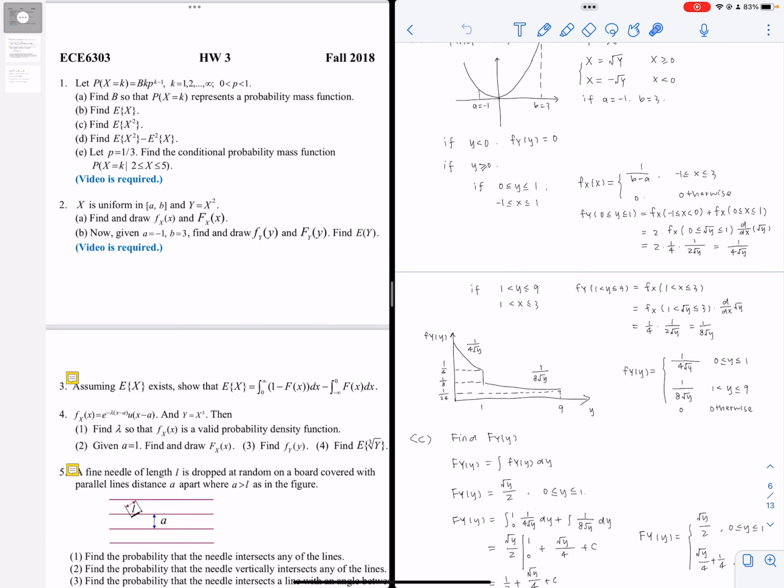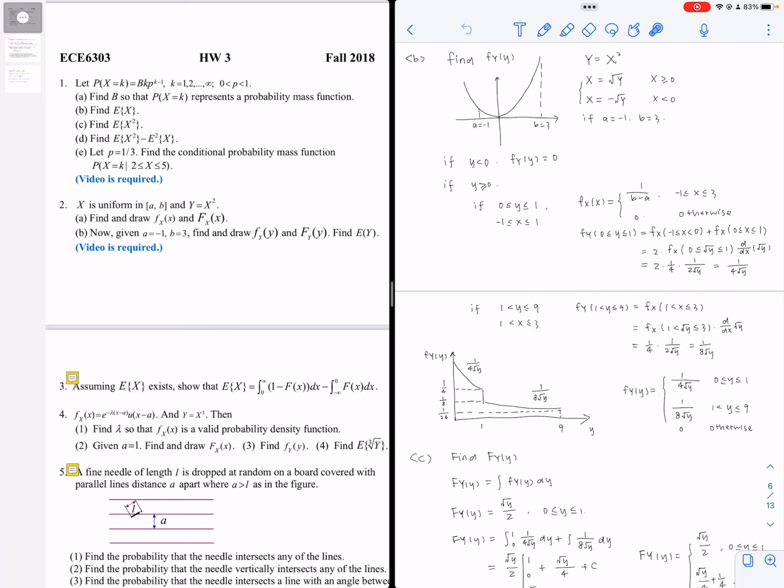And if y is between 1 and 9, then there's only when x is larger than 1 and less than 3. It will only have this interval to correspond to when y is bigger than 1 and less than 9.